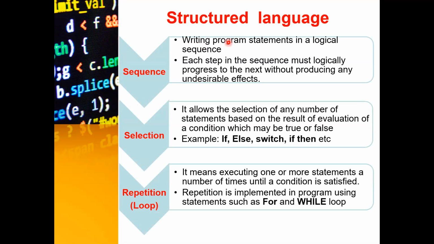Sequence means writing program statements in a logical sequence. Clear? Each step in the sequence must logically progress to the next without producing any undesirable effects. Means write one by one, sequentially.